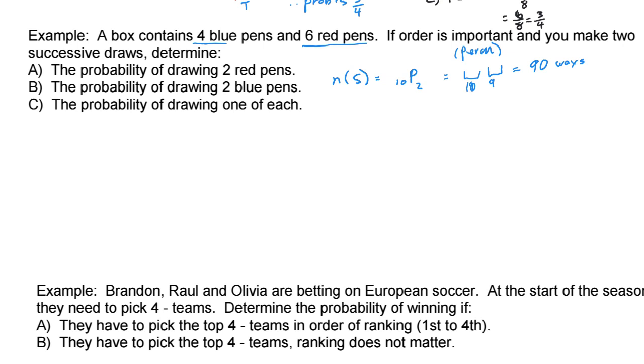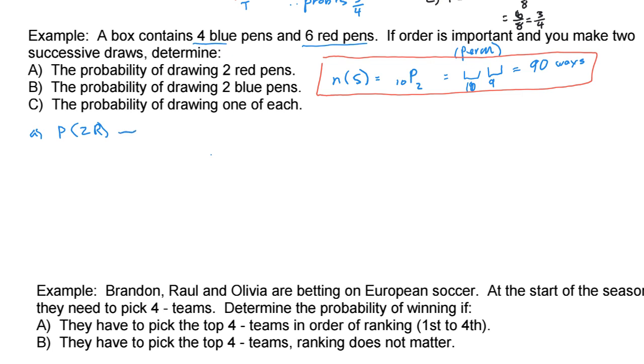So that's n of S. So we'll kind of keep that off to the side here and use that for our calculations. So now we need to figure out the probability of having 2 pens. So the probability of having 2 pens is A. So 2 red pens exactly. So probability of 2 red.